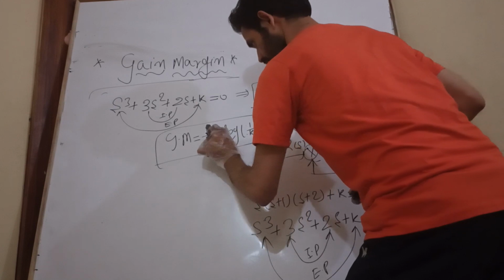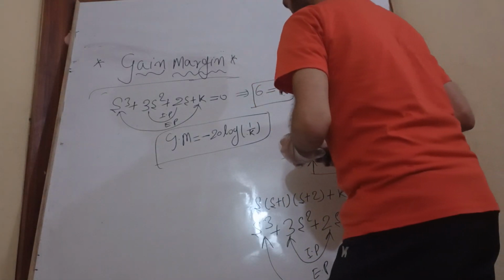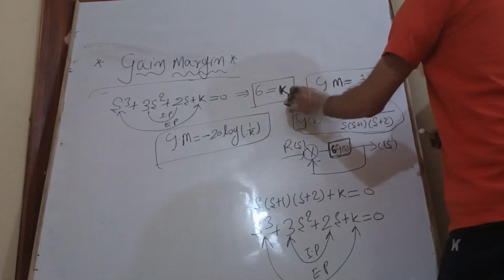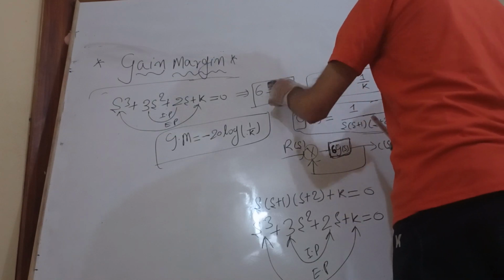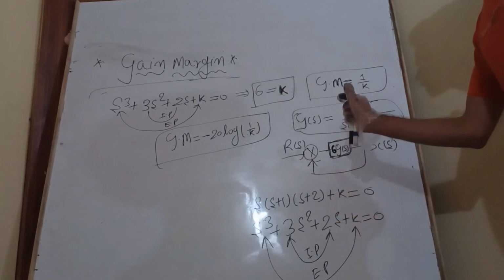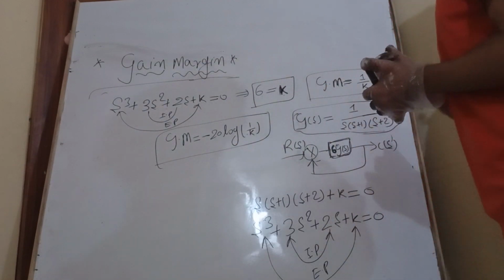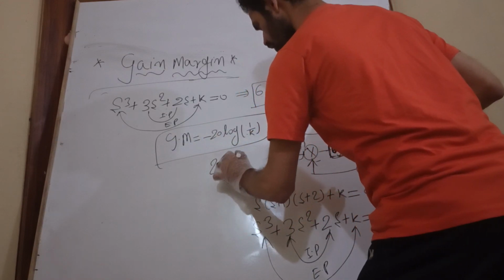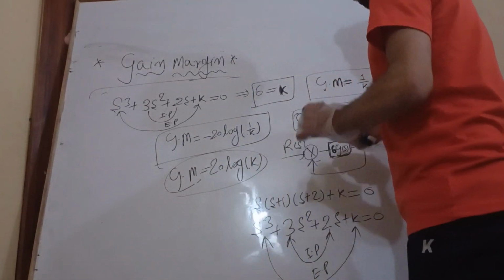If I multiply this system with k, my closed loop system will become marginally stable, and this is the marginal value of k. Actually, the sign flips and it becomes 20 log k, and this is my gain margin.